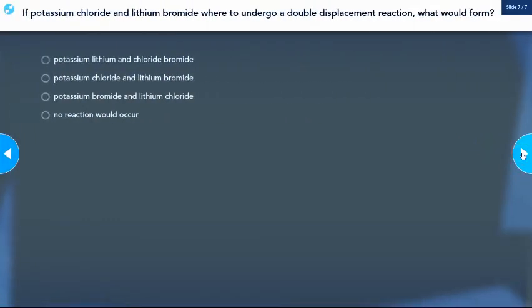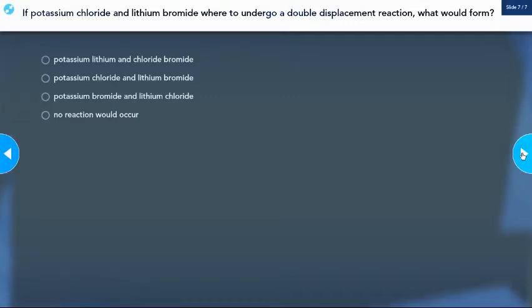Then if potassium chloride and lithium bromide were to undergo a double displacement reaction, what would form? So we know that these are both compounds, and so we know that it's going to be a double displacement reaction because only in a double displacement reaction do we have two compounds as our reactants. So we're looking at potassium chloride is KCl, and lithium bromide is LiBr.